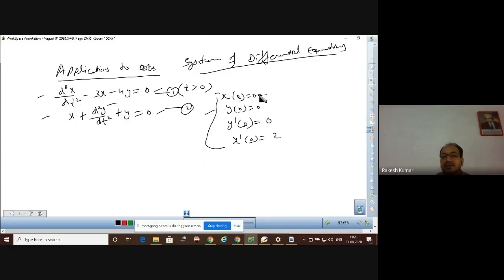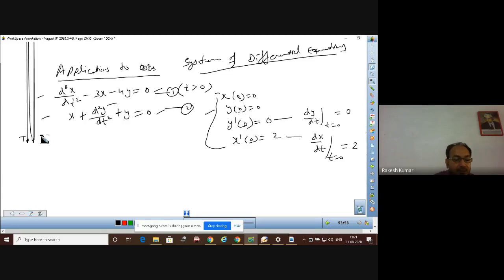And this is the value: x is 0 at t is 0, y is 0 at t is equal to 0, y dash 0 is equal to 0 means dy by dt at t is equal to 0 is 0. And this condition means first order derivative of x with respect to t at t is equal to 0 is 2. Now you can solve this system by taking the Laplace transformation.